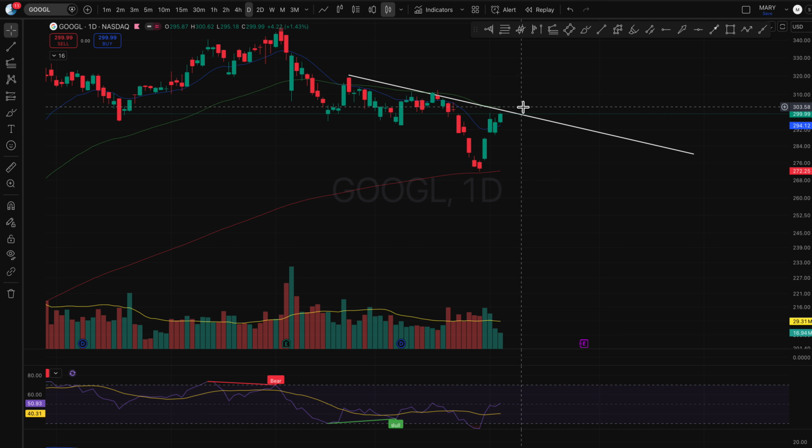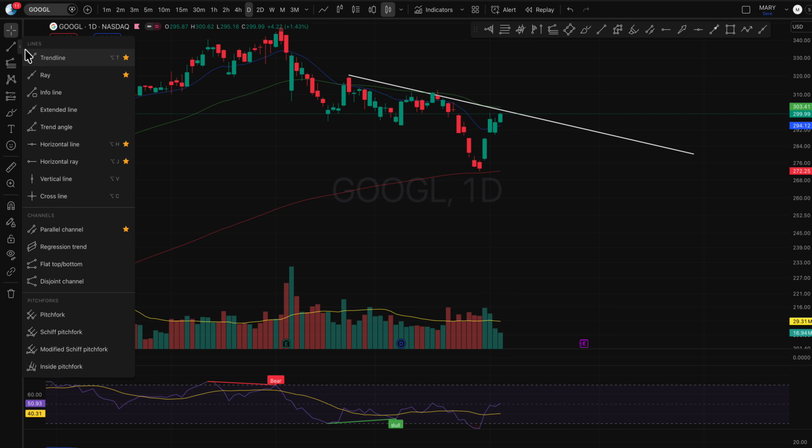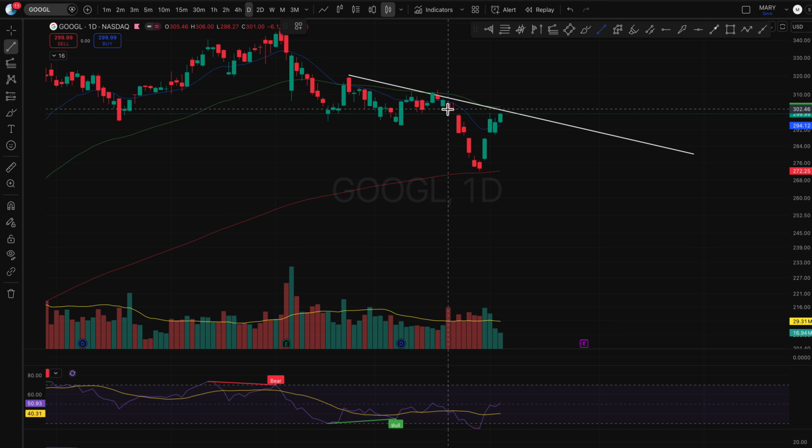If it breaks out of that 303, then we're looking at local support at 306. We could actually push that slightly higher to 308 right here. So pay attention again. This is for your possible scalping or swing.